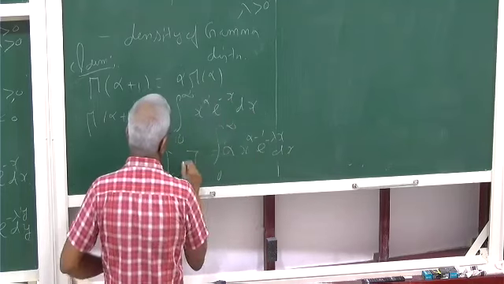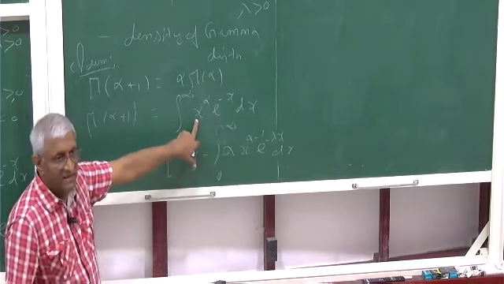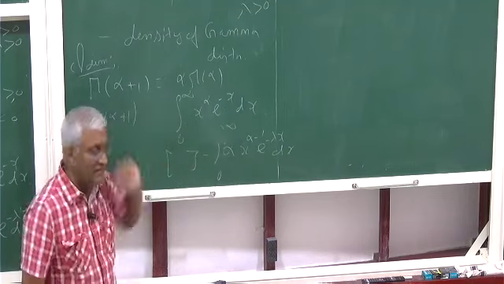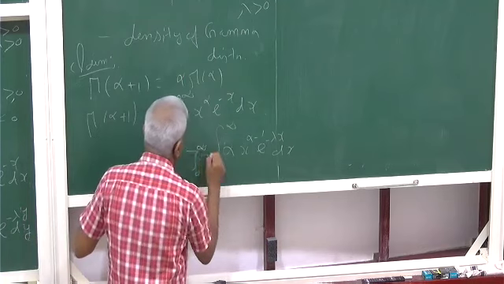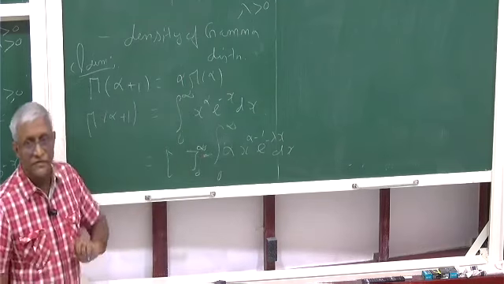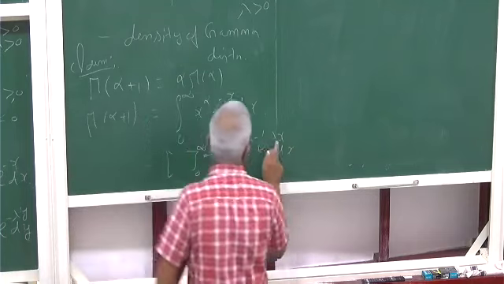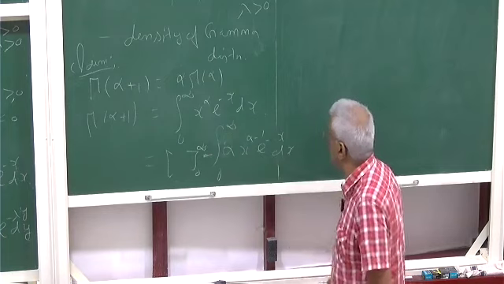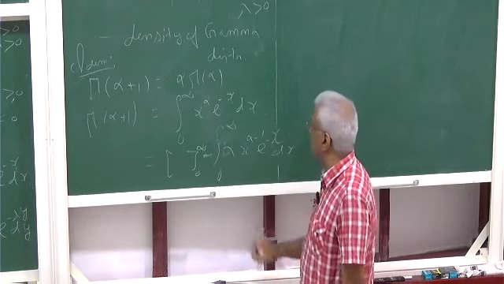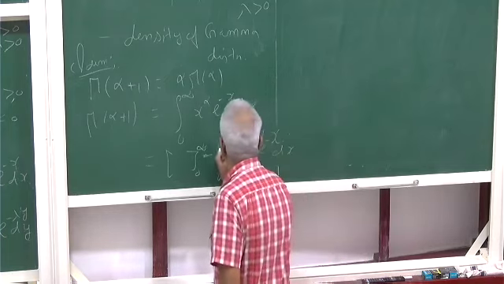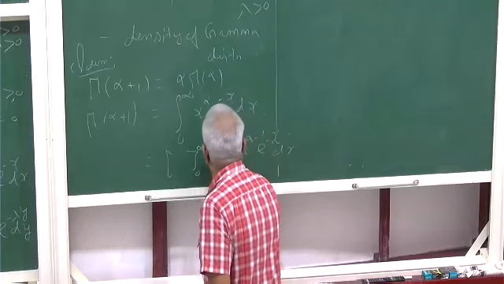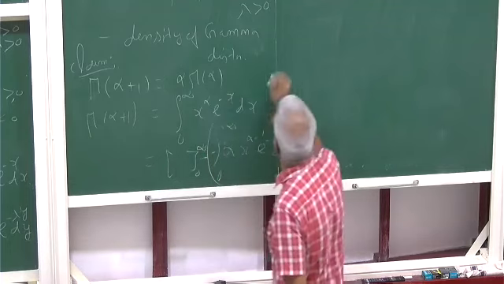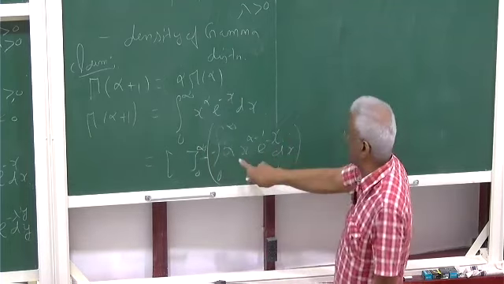There is a boundary term here, but because of x power alpha it vanishes at 0, and because of the exponential it vanishes at infinity, so that is just 0. We will only have this, and you get a minus sign, minus of minus of this, and that is just alpha times gamma alpha.